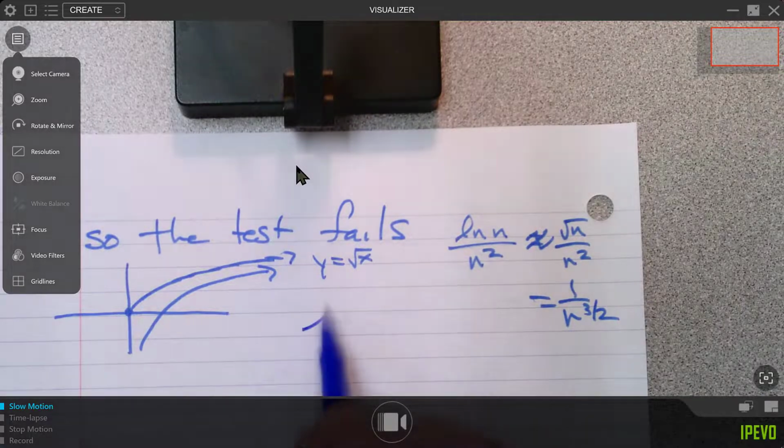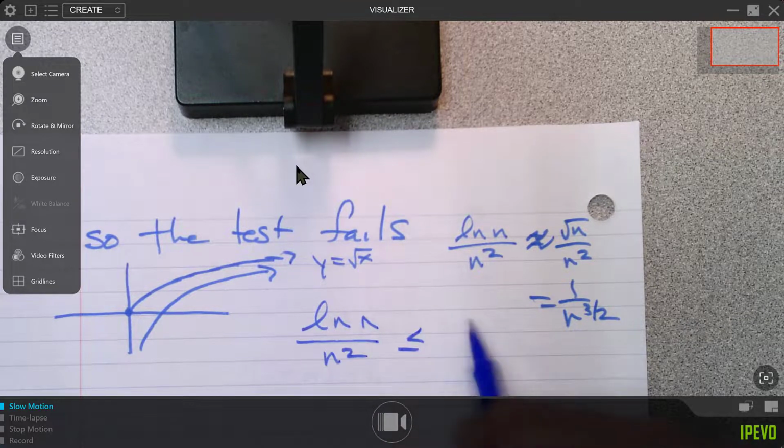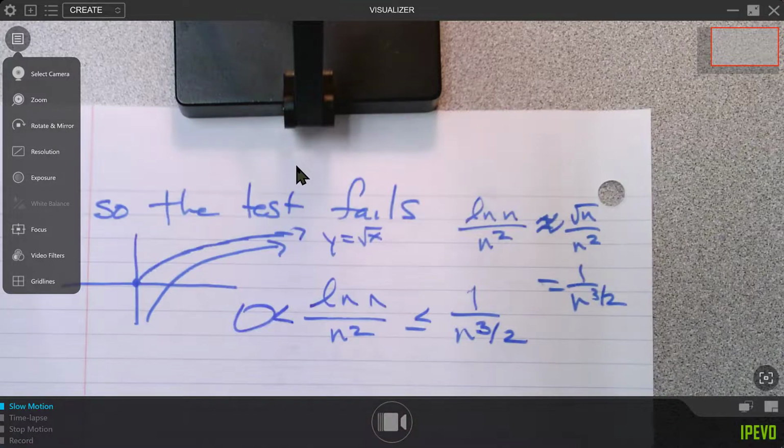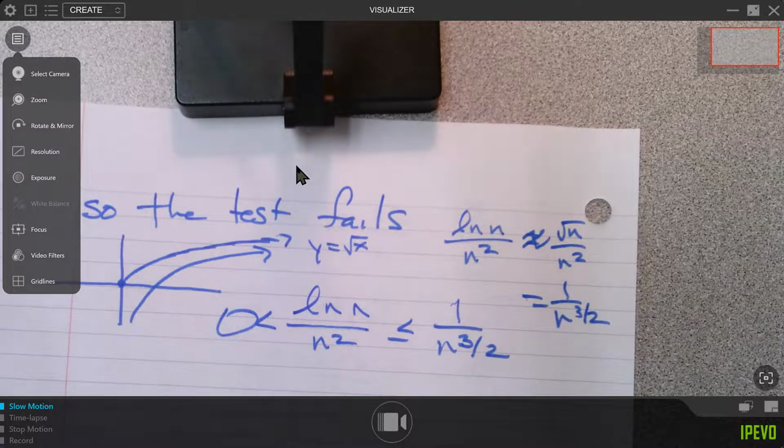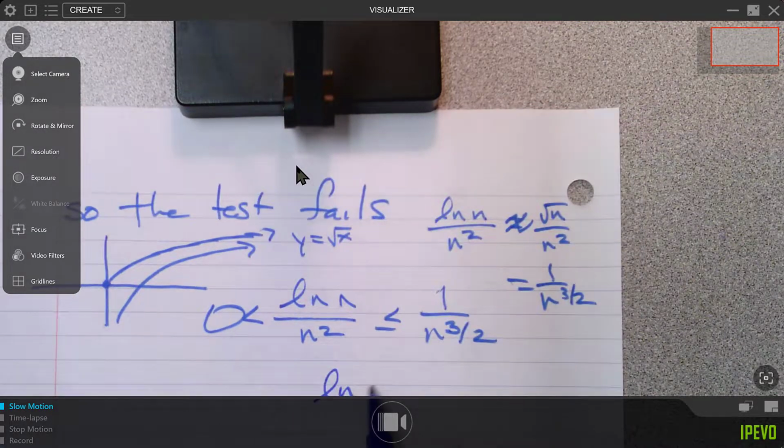I know that this is less than this, and this is positive, so I don't use direct comparison. But I've got to think about how I'm going to prove that, so hold on. Okay, the natural log of n is less than the square root of n, and this is positive.